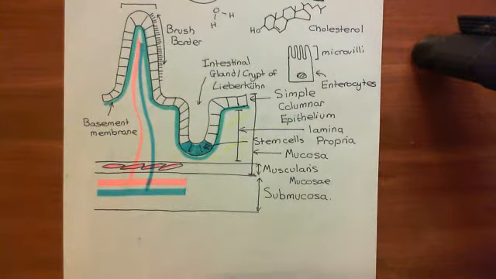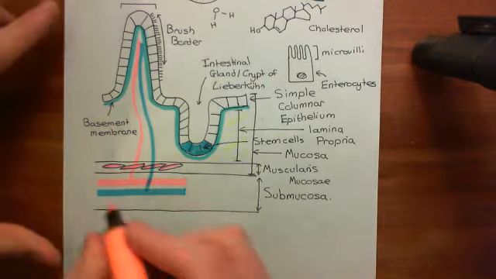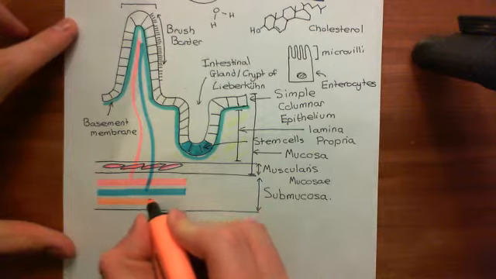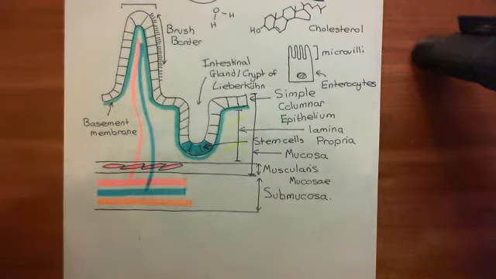Now, there's another important vascular structure that is going to be really important within the small intestine, and these are lymphatic vessels. So I will show these in orange, although that's not a conventional colour to show lymphatic vessels.